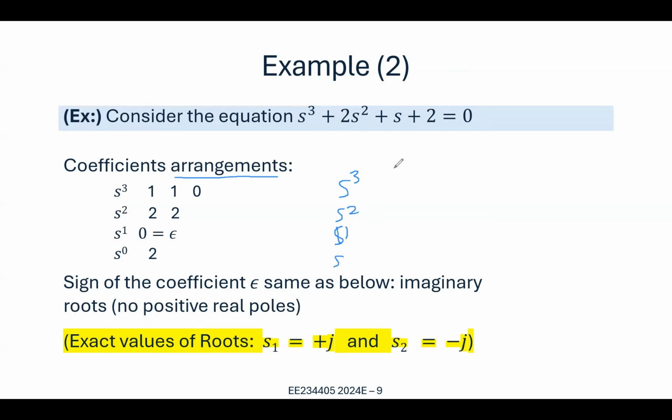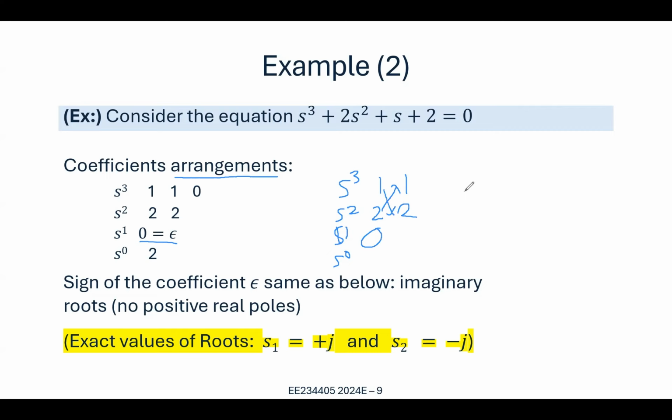For s to the 3, we have 1. For s squared, we have 2. For s to the 1, we have 1. For s to the 0, we have 2. Right? So now what we do next is compute the coefficient of s to the 1.